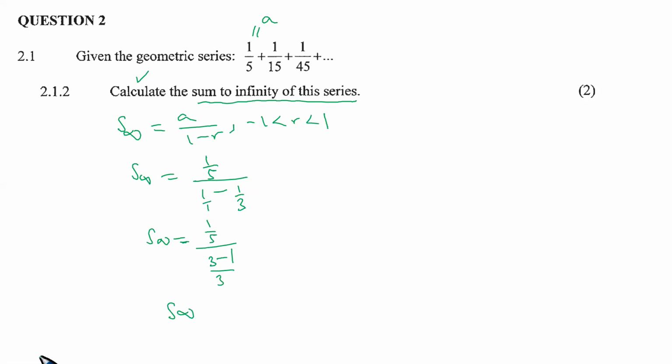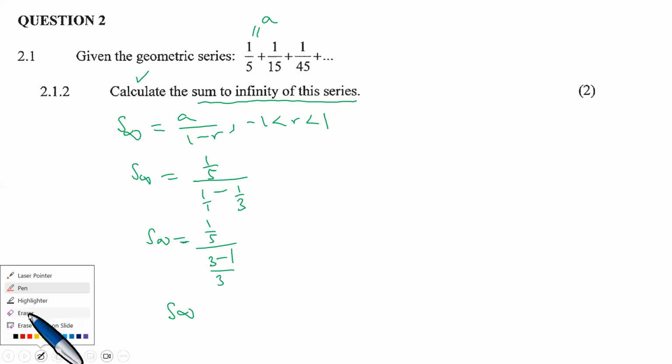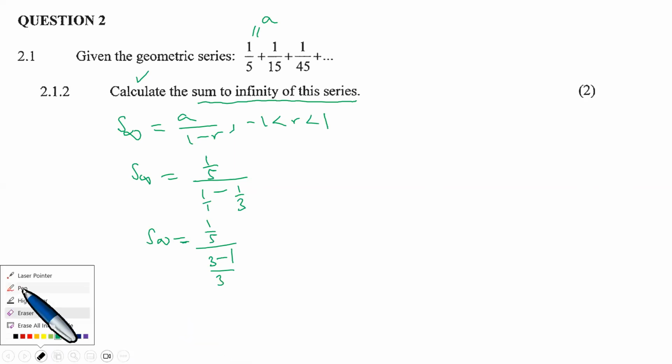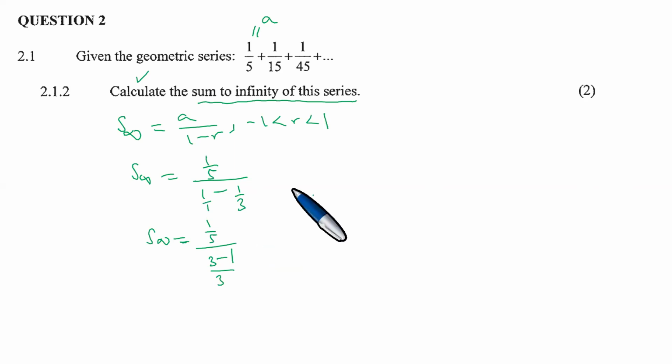You can write downwards, but you can also write across the page. So you have 1 out of 5. You divide by, what is 3 minus 1? It's actually 2 out of 3. This is 1 out of 5.